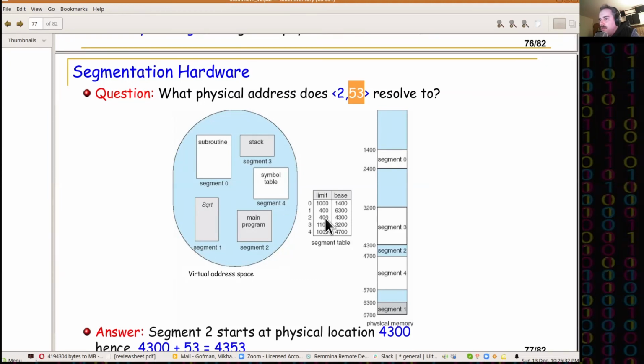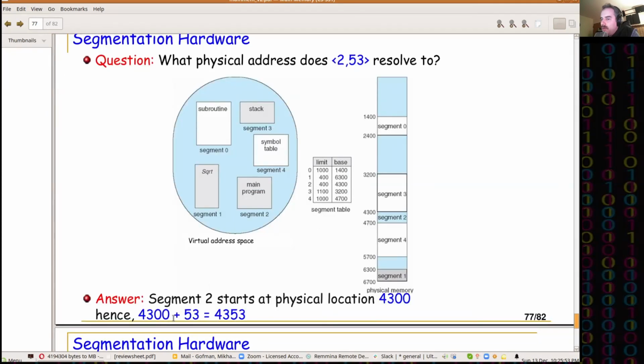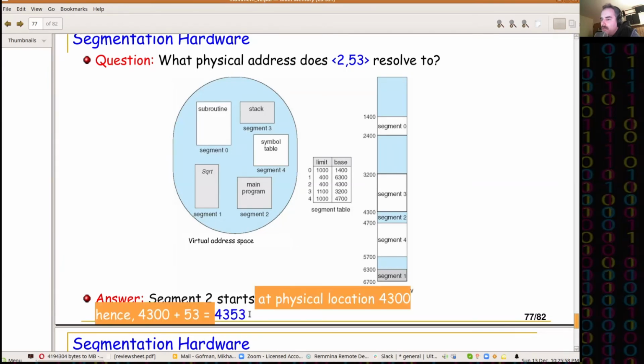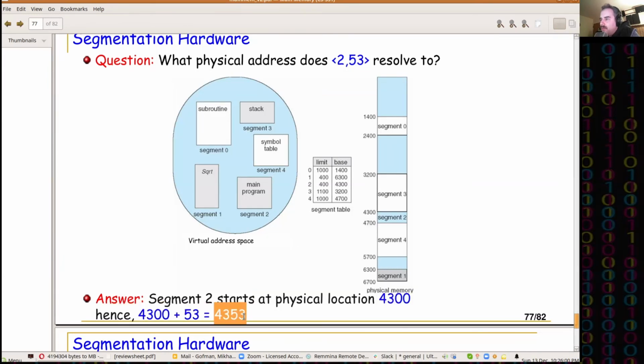And 53 is indeed less than 400, so this is a valid offset. In that case, we can convert this virtual address into the physical address by taking the base, which is the starting physical address of segment number 2 in memory, and to it we add 53. And 4300 base plus 53 offset is equal to the physical address of 4353. So we will end up probably accessing something right here.